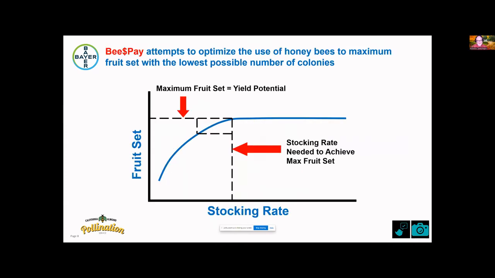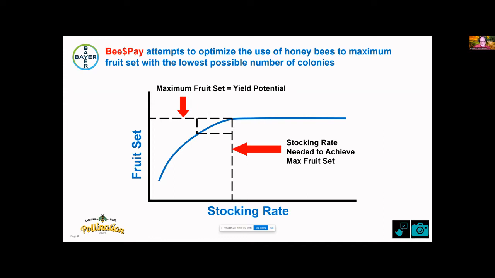So the purpose of Bees Pay is to calculate the optimal number of honeybee colonies needed to maximize fruit set, but taking into account some of these factors that I've mentioned previously. From this chart, you can see that maximum fruit set is equal to yield potential, which is the maximum theoretical yield.